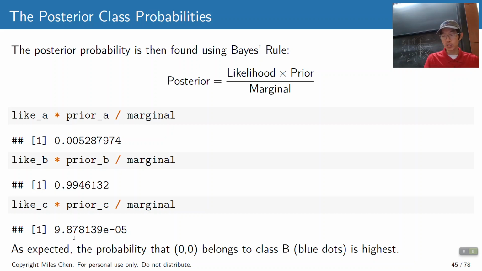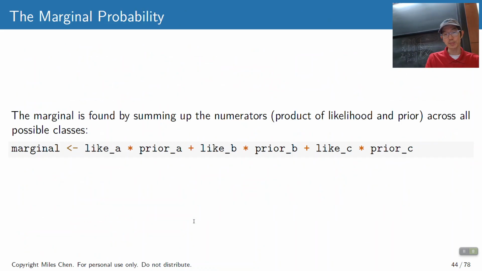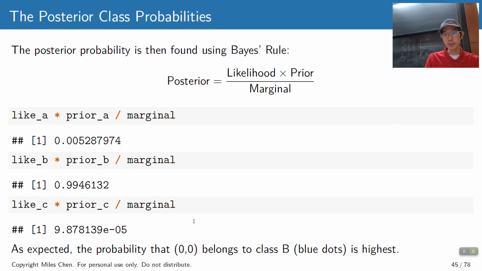So as expected, for this test case, there's a 99.5% probability it came from class B, about 1/2 of 1% for class A, and about a 1 in 10,000 probability that it came from class green. So that's how we get our probabilities there.